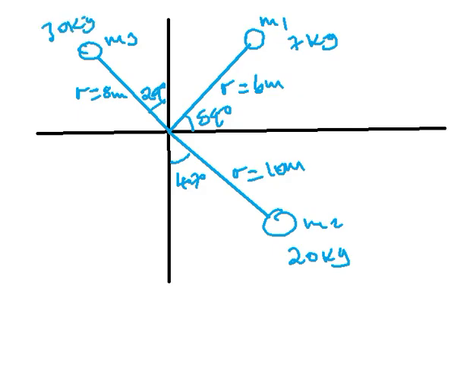So how should we find the center of mass of this kind of system? In this case, we need to have the coordinate positions of these masses, in the sense that we have to resolve the distances from the center into components.